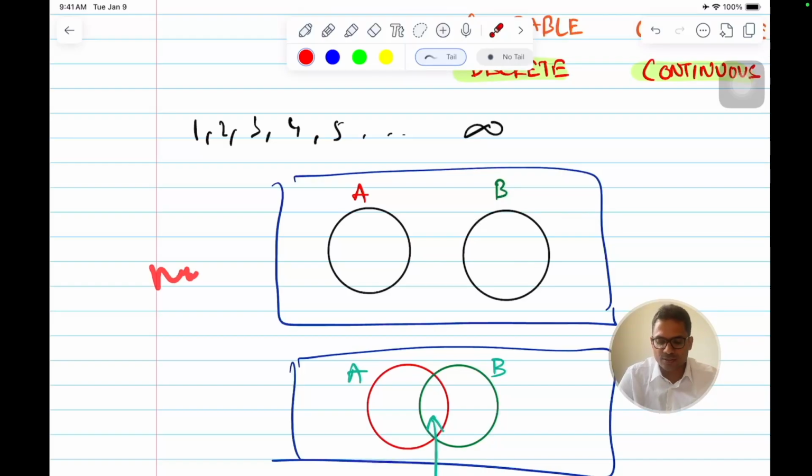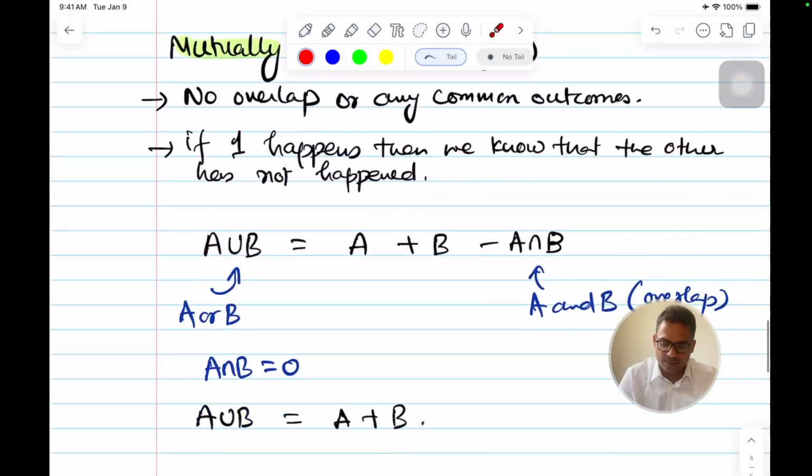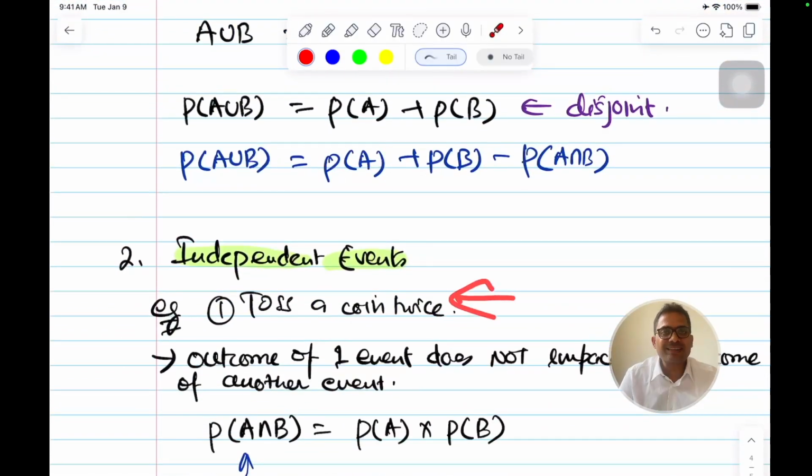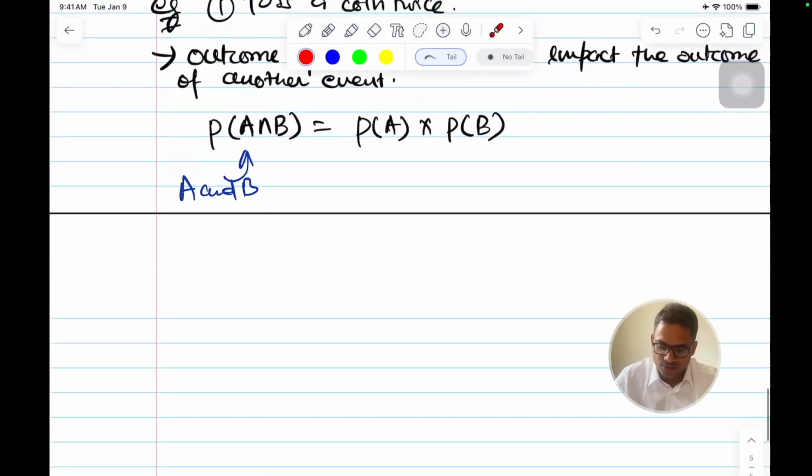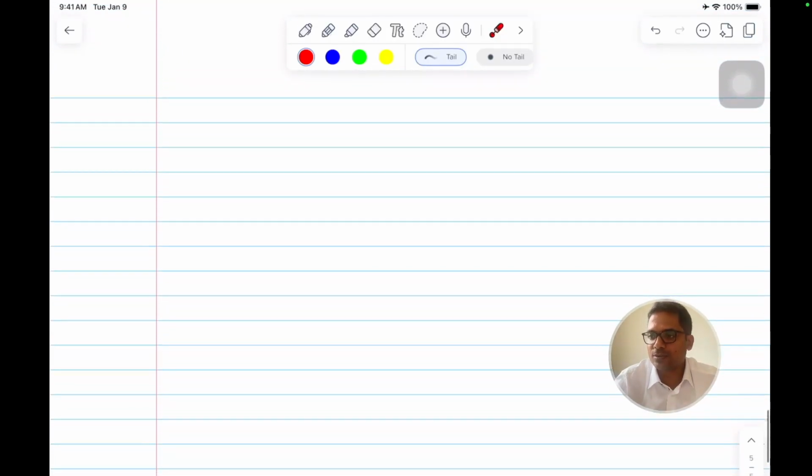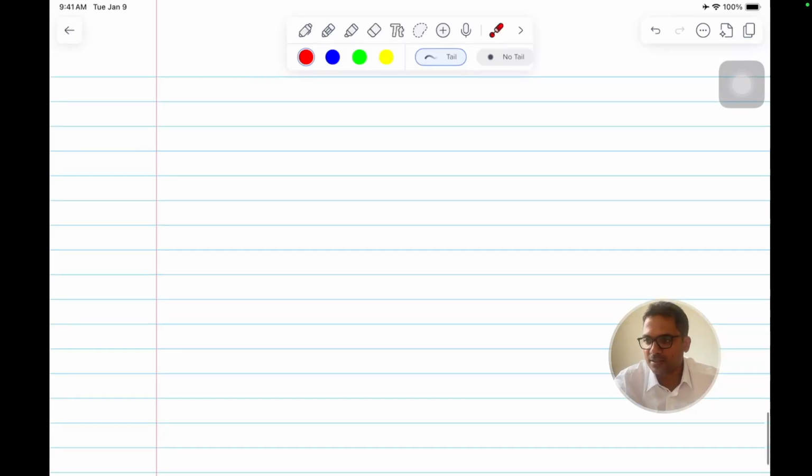But in independent events, the knowledge of one event, like tossing a coin, does not give me any information about the second toss. So both the tosses are independent events. That is what mutually exclusive and independent events are.